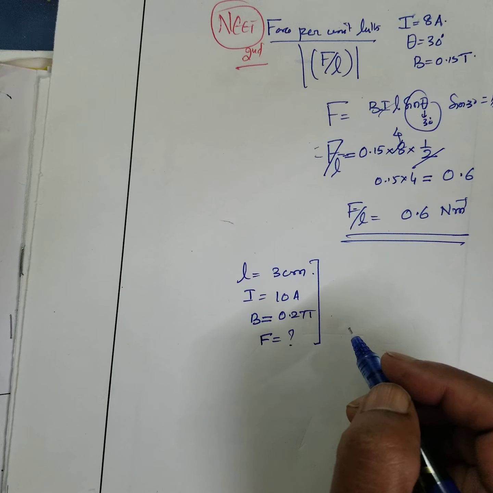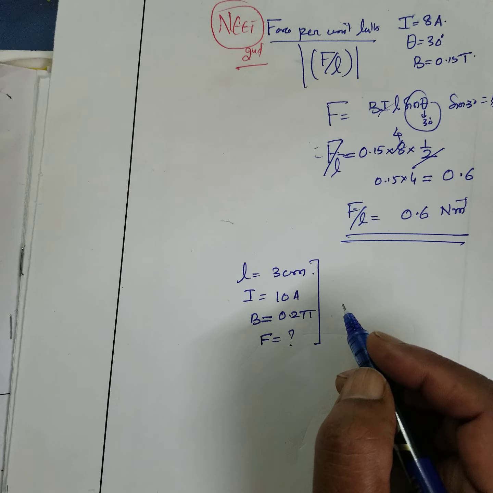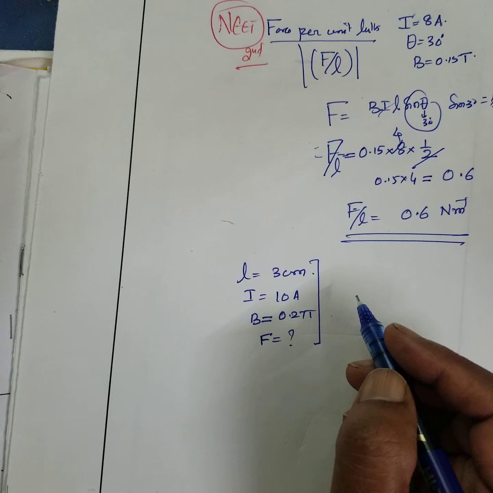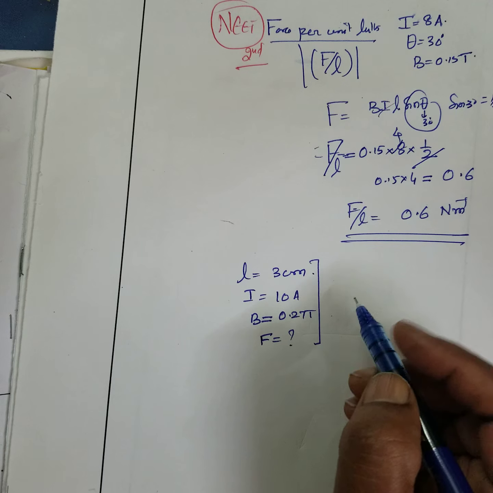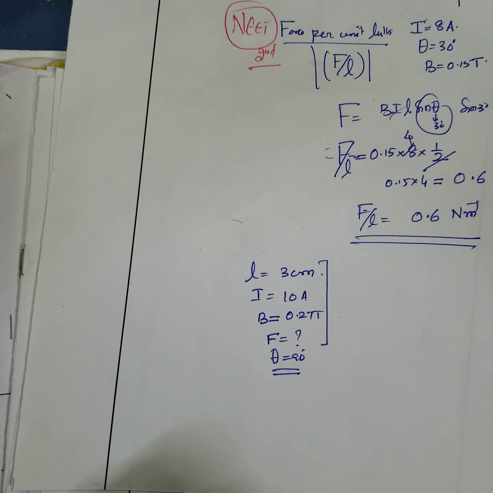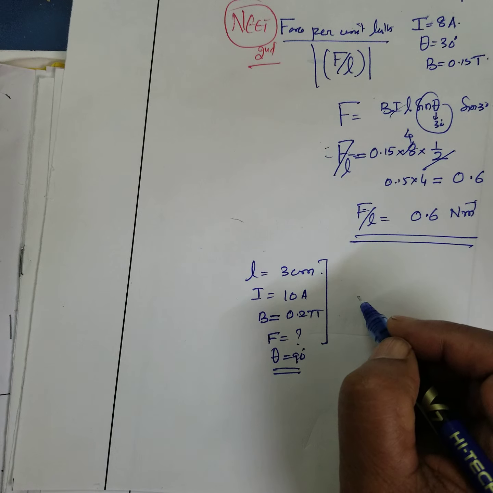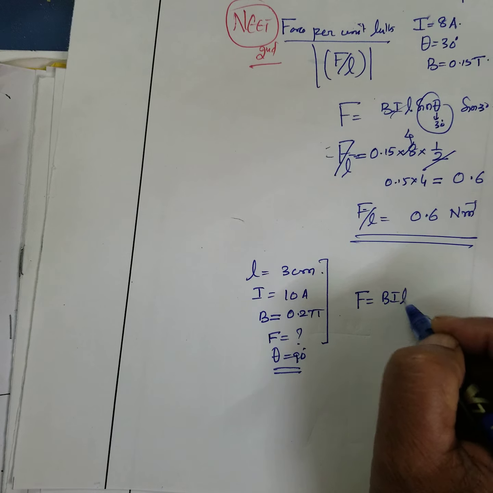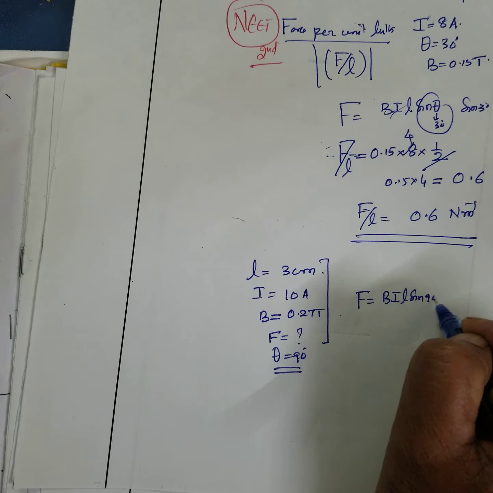That means they have kept it like this, placed perpendicular to the field, and theta is 90 degree. Therefore, you know F is equal to BIL sin 90.